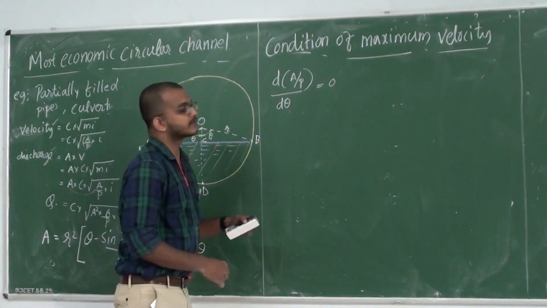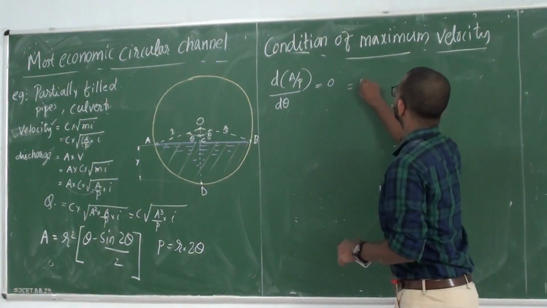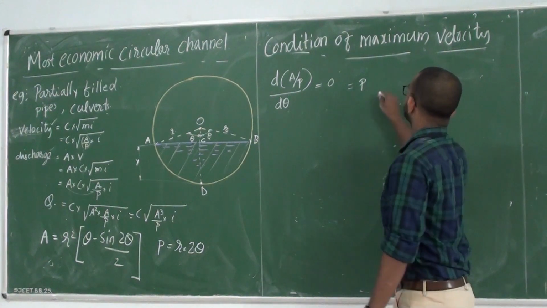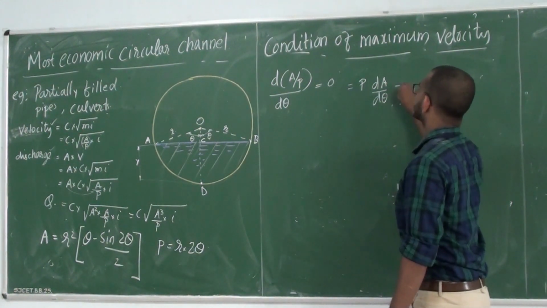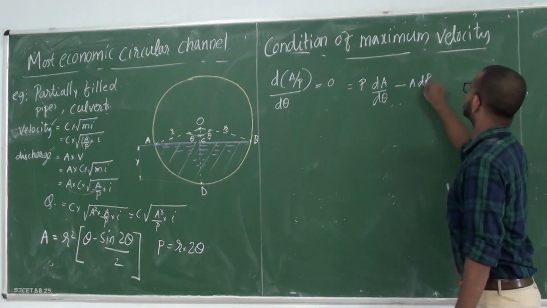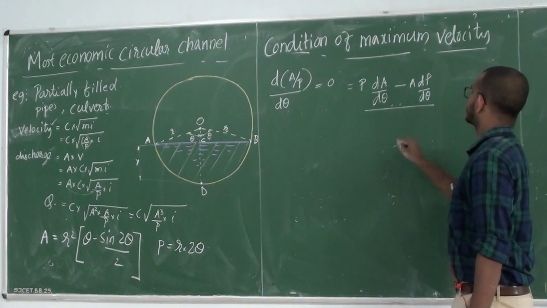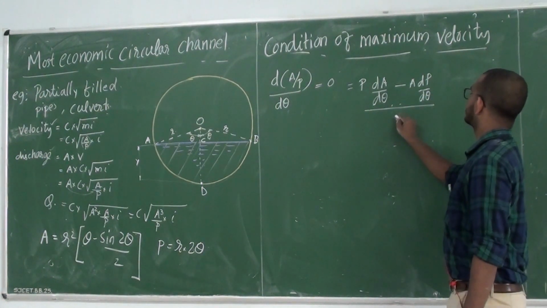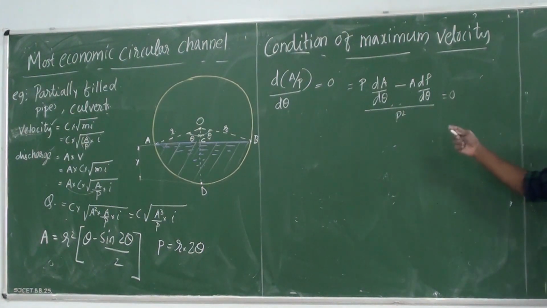Now to differentiate area by perimeter, this is equal to P into dA by d theta minus A into dP by d theta, divided by P square, that is equal to 0. Basic maths. If you have any doubt, you can ask me how we have obtained this.